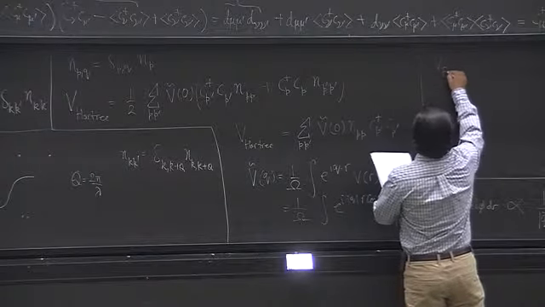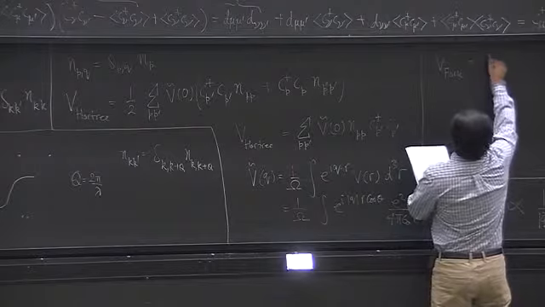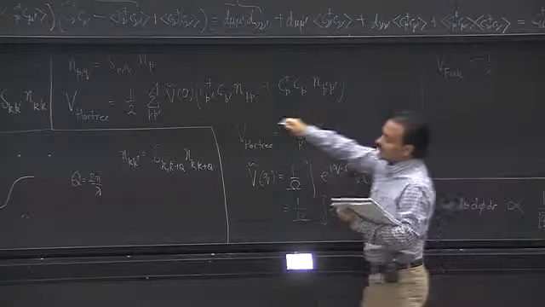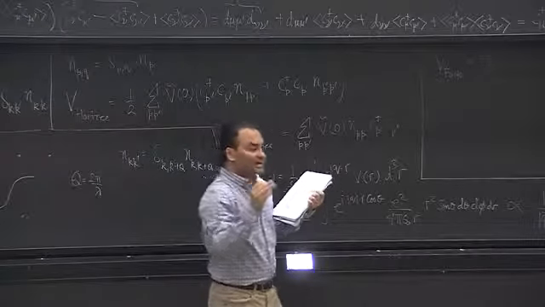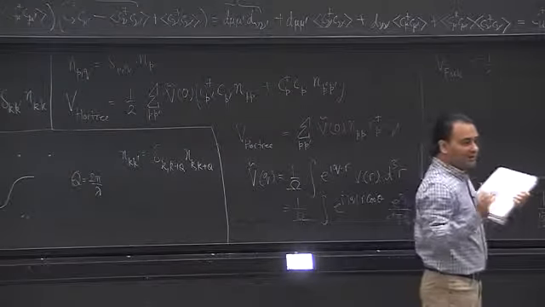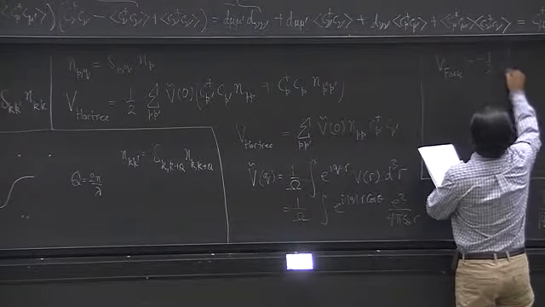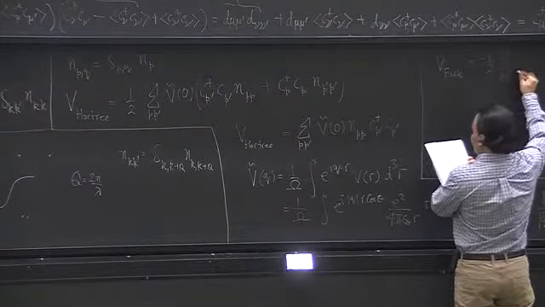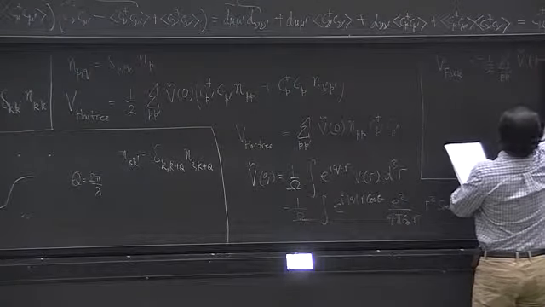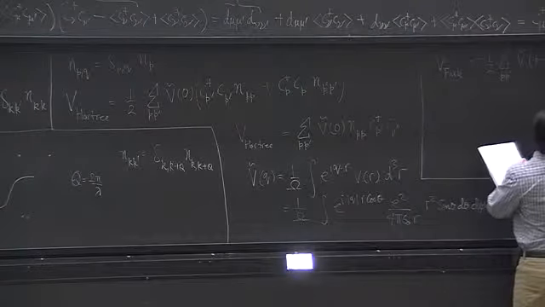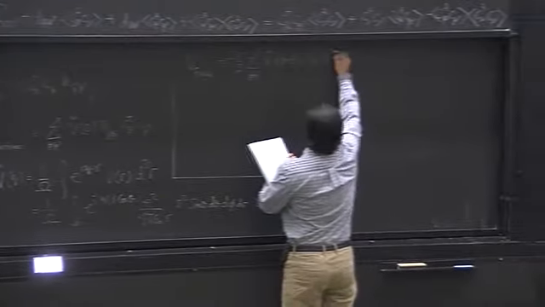So the Fock term, you can also write it using this approximation here, that the ground state respects translation invariance. You can write this as a sum over P prime, V tilde P minus P prime, C_P dagger C_P.